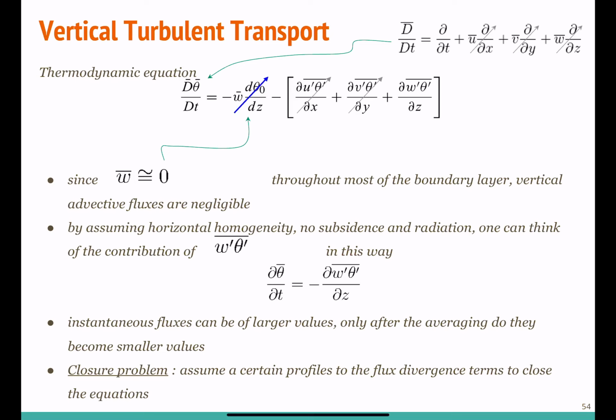Which means that the divergence, or here the convergence, of the heat flux will warm up or cool down that layer of atmosphere over time. That makes sense, right? You have heat flux changing over height.